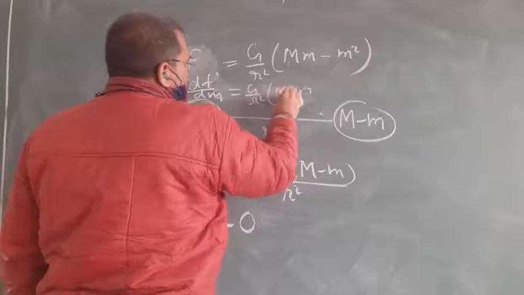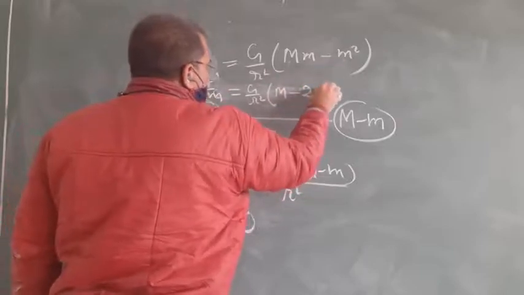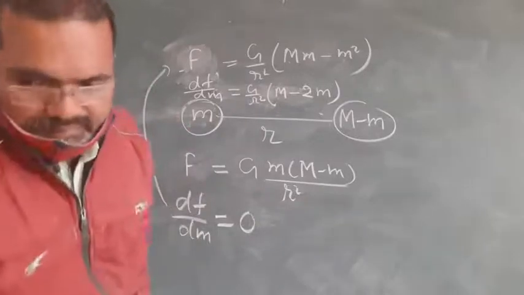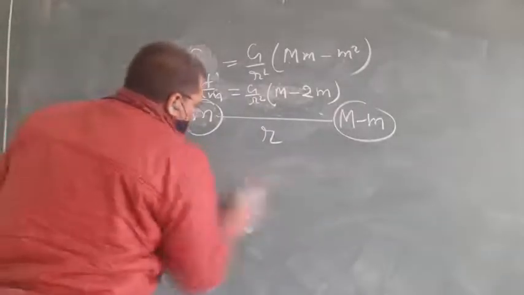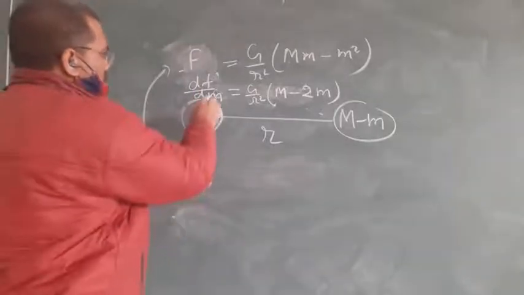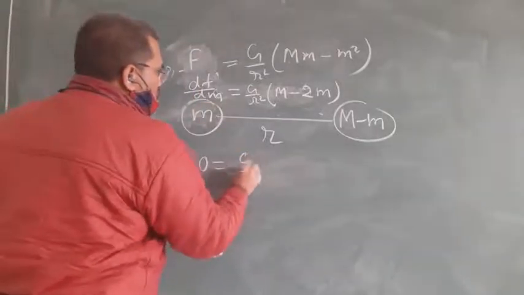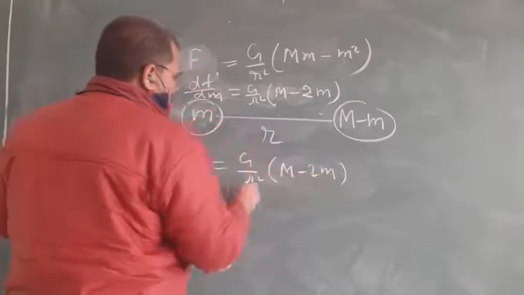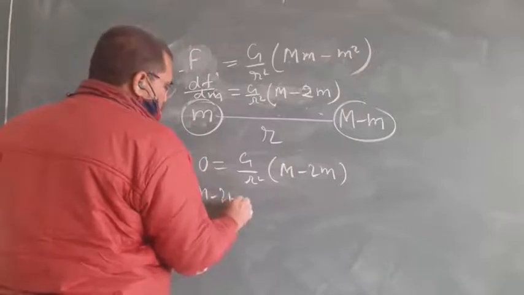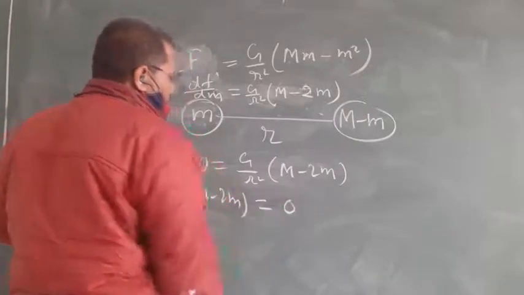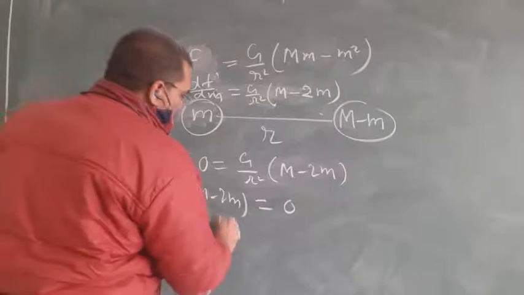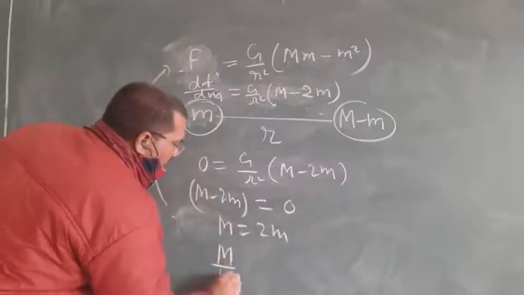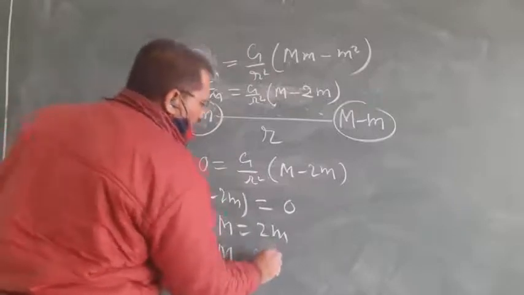So M minus 2m, dF by dm is 0. 0 equal to G by r square (M minus 2m). So M minus 2m equal to 0. So M equal to 2m. So M by m equal to 2.